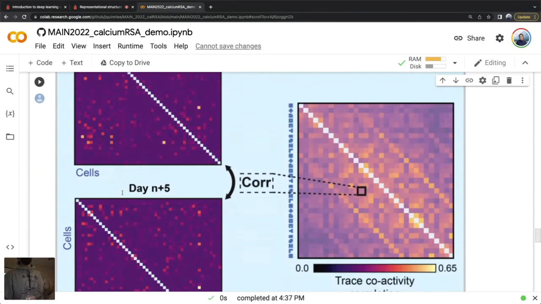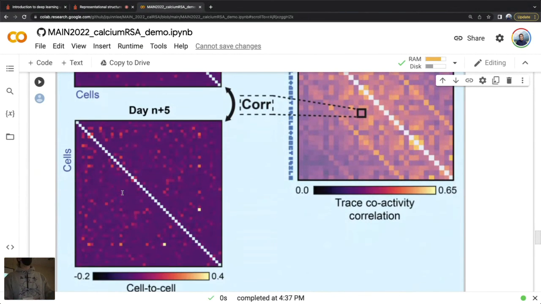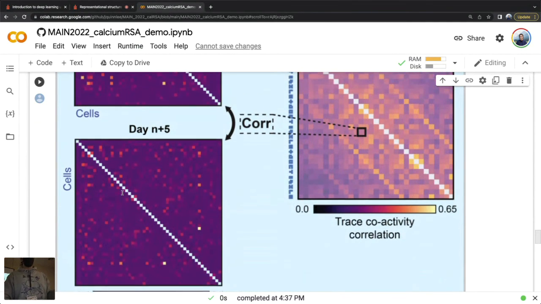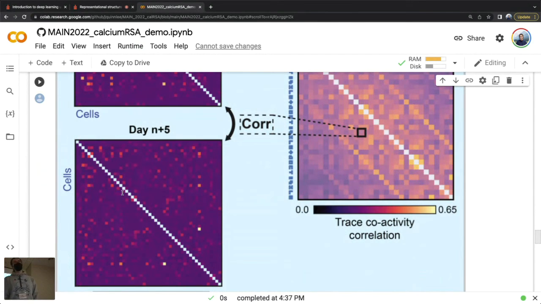And we could do this for different days and then match up all the cell pairs that we've registered across time. And we could take the upper or lower diagonal of this coactivity matrix and ask, how similar is the pattern of coactivity on all pairs of days?